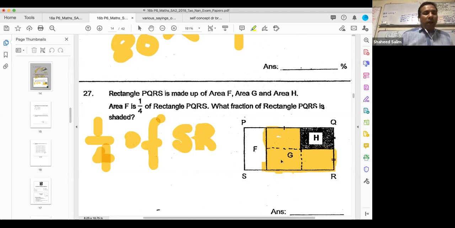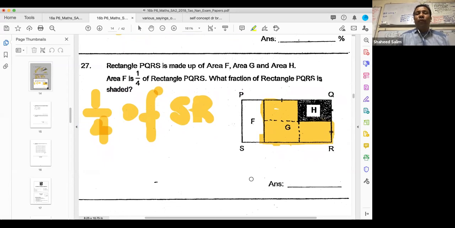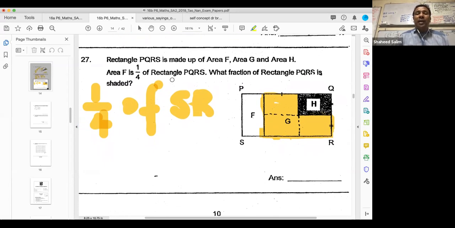Now the next question you have to ask is, this yellow part, what fraction is it of the whole rectangle? Let's read it carefully. They say that F is considered 1 part and all of them is considered 4 parts. So down here will be 3 parts.